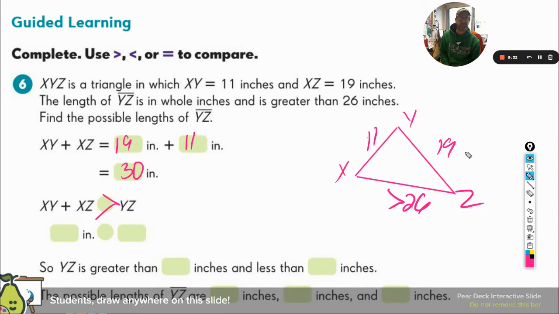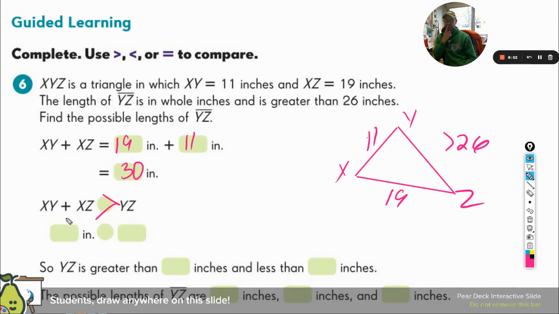I did something wrong. I labeled it XY is 11, XZ is 19. Oh, okay. So let's just relabel my shape correctly, just so it's not a mess. Okay, XZ is 19, and YZ is greater than 26, okay?